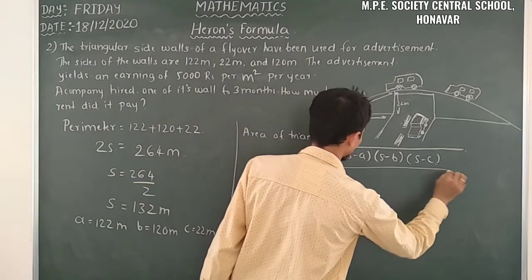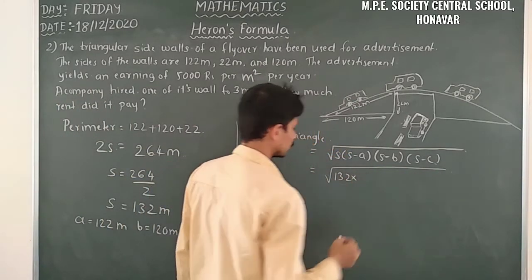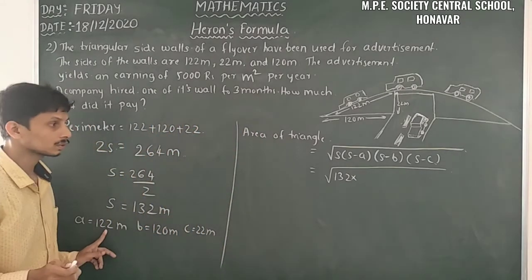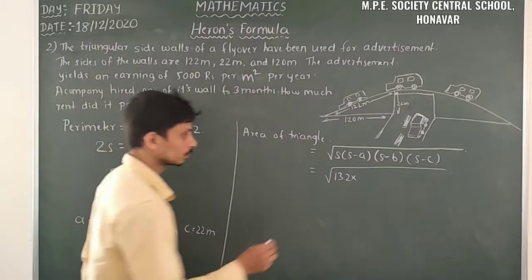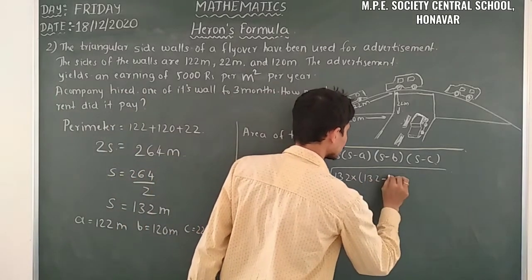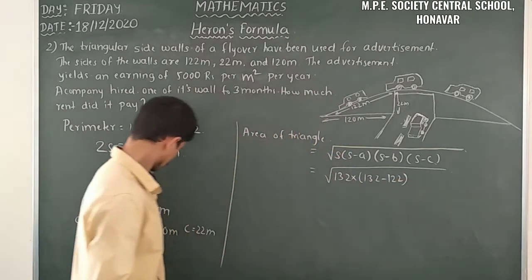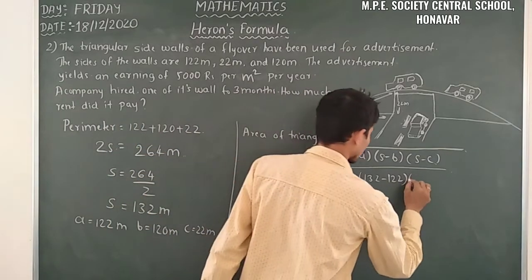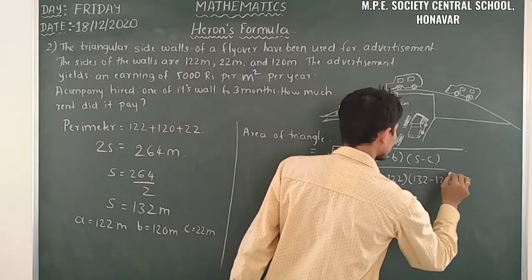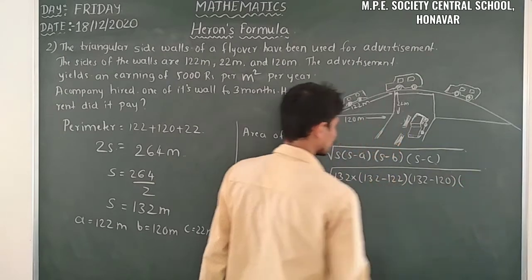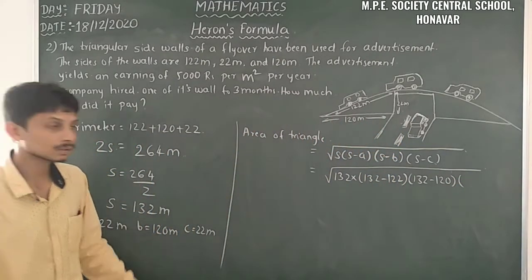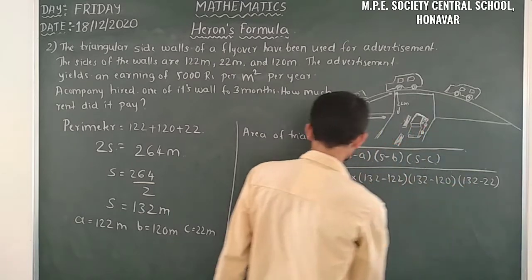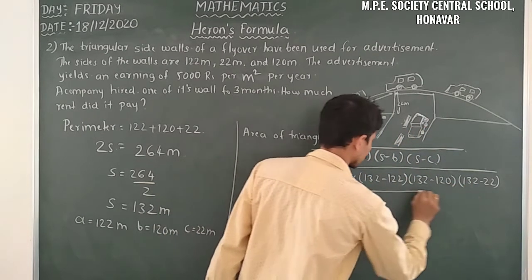Is equal to 132 into, so here we have 132 minus 122, then here 132 minus 120, then here 132 minus 22, is equal to square root of.